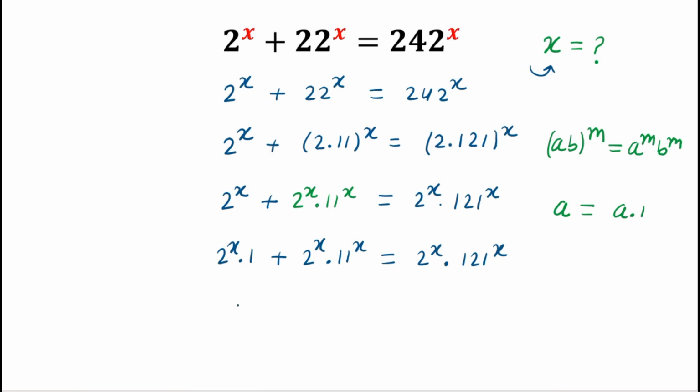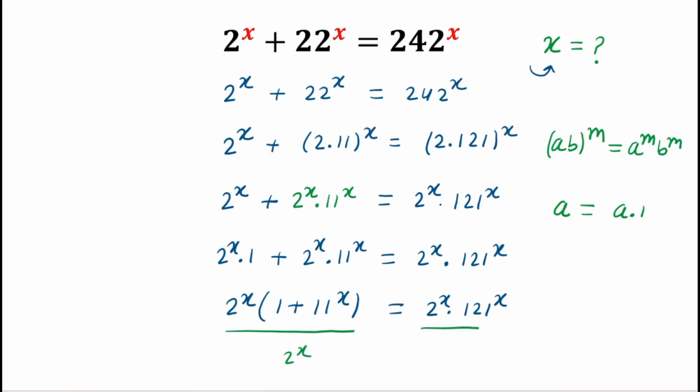Now if we take 2^x common, then inside the bracket 2^x times 1 divided by 2^x gives 1, plus 2^x times 11^x divided by 2^x gives 11^x, and this is equal to 2^x times 121^x. Now divide both sides by 2^x.